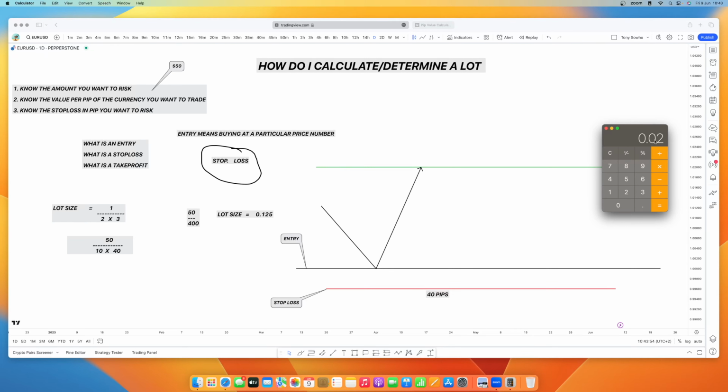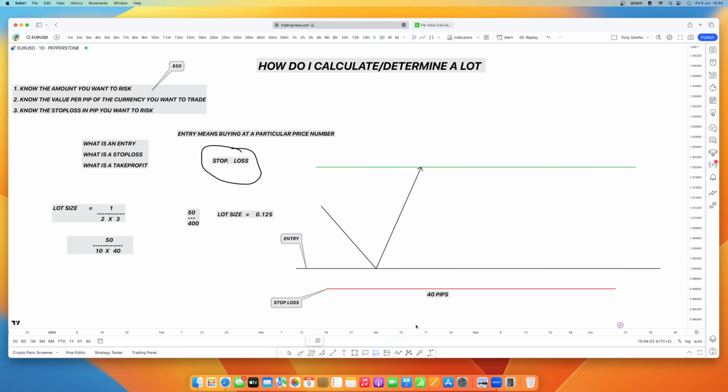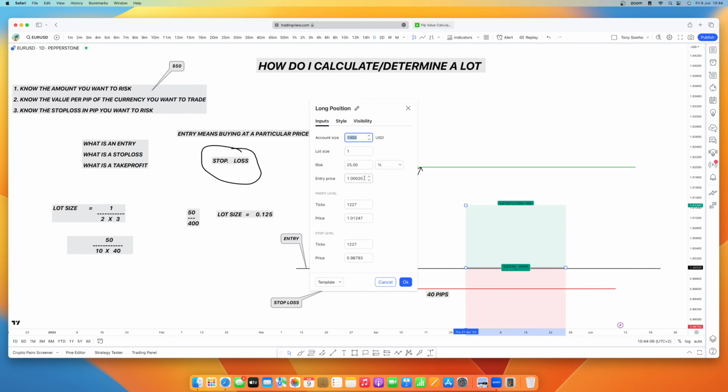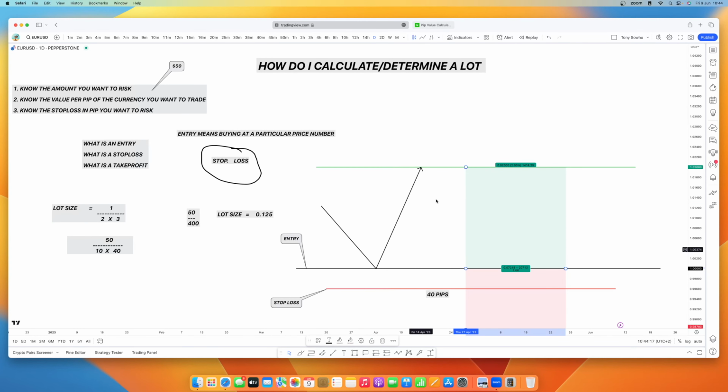So I think this is going to be about, give or take, 200 pips or so. Let me confirm. I'm going to use this tool to confirm quickly. So if my entry is at 1.00 and my profit is at 1.02, that's going to be about 200 pips, definitely. Yes, that's 200 pips for me.